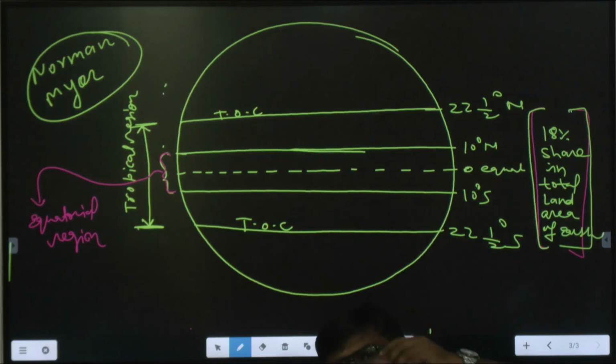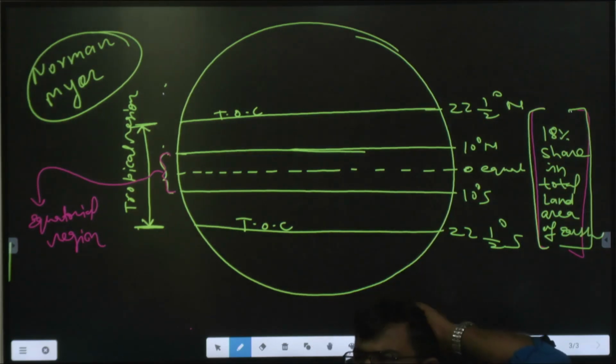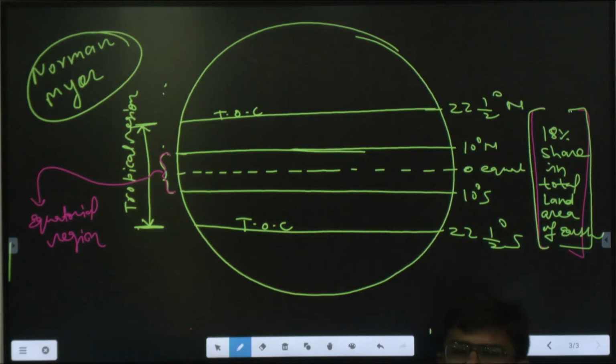Look, if we talk about biodiversity, biodiversity means what? Variety in life forms, right? Life form means I am talking about biotic components. Life form, that means different types of biotic components.